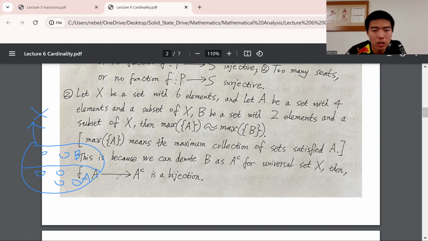So in this case, the collection of sets satisfying A's definition is equal in size to the collection of sets satisfying B's condition. Why is this true?